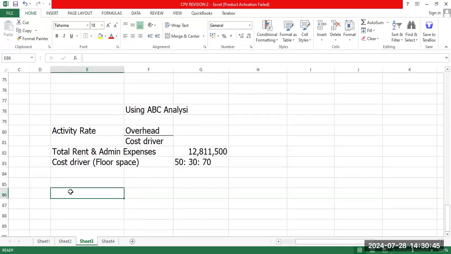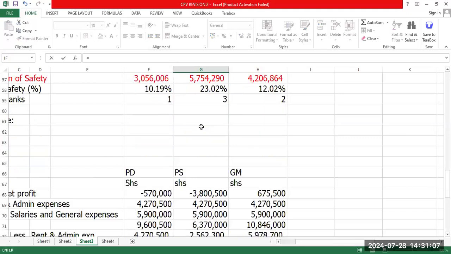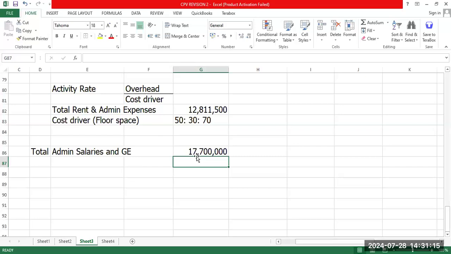You will do the same for admin salaries and the general expense. You just need first to know what is the total. The original total was, if you see, this plus this plus this. That is your total.